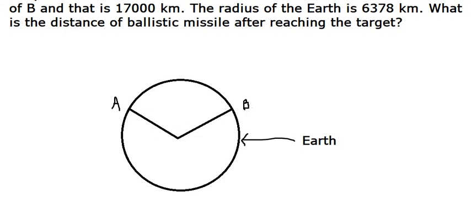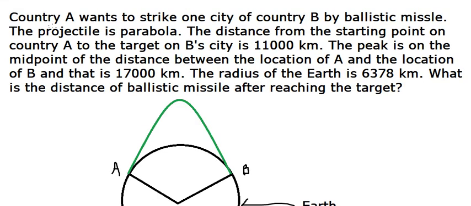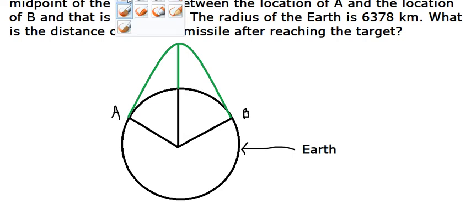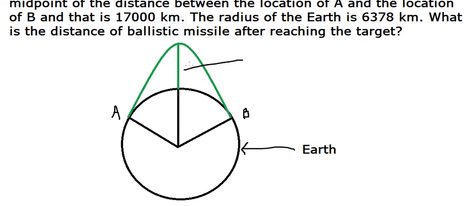Now the question wants us to add this one. Because the projectile of the ballistic missile is a parabola, and we know that the peak is at the midpoint between A and B, that means this one is about 17,000.